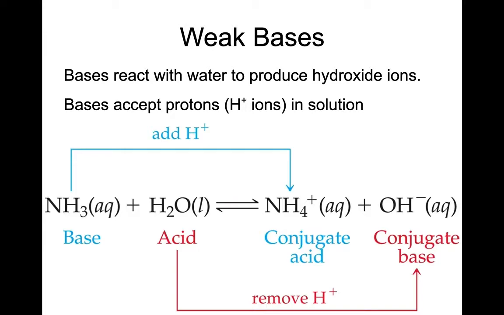When it picks up an additional H, the product that is formed is its conjugate acid, so they are a pair. The water here is acting as the acid for this reaction. It is donating one of its protons, and on the product side, what's left is its conjugate base, a hydroxide ion. It's missing one of its protons.